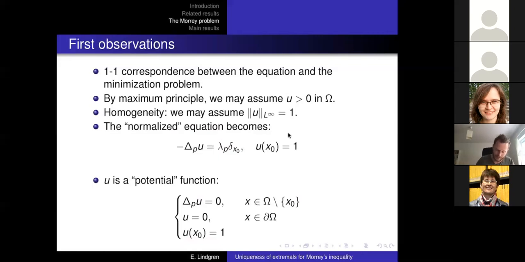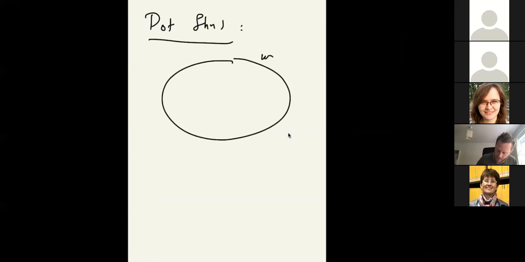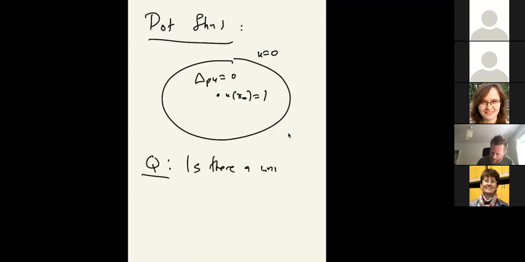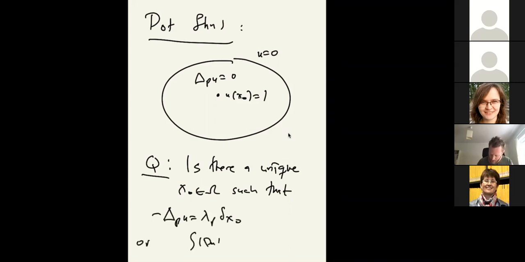So really, the question is, if you look at these potential functions, where you take u to be 0 on the boundary and 1 here, and p harmonic elsewhere, is there a unique x0 in omega such that either the p Laplacian is equal to this lambda p times the Dirac at x0, or, if you want, that the energy, which is the L p norm of the gradient, is exactly the optimal constant lambda p?